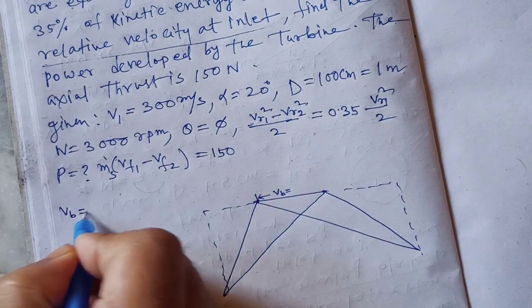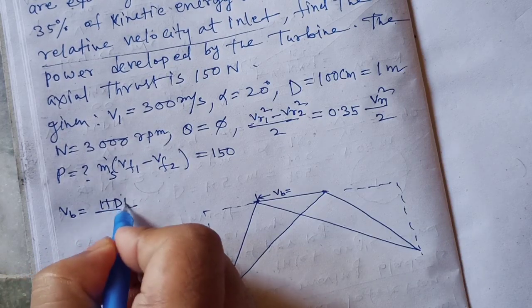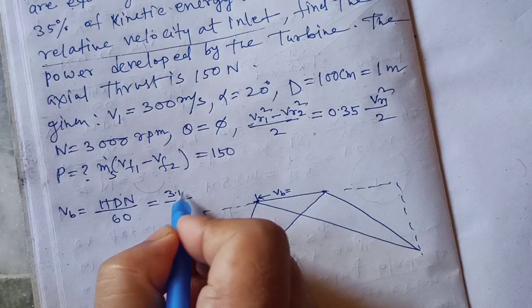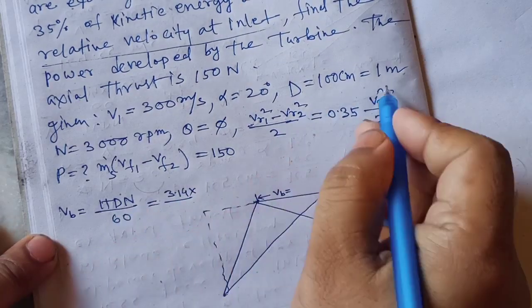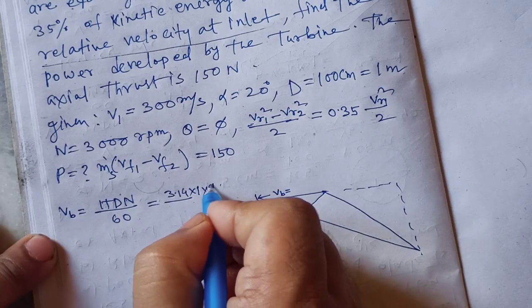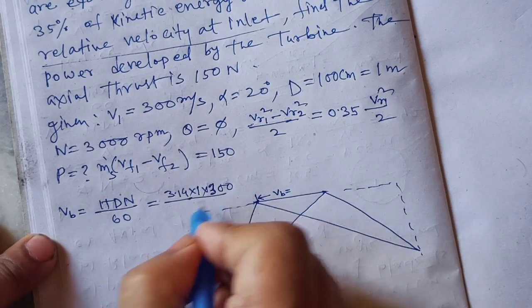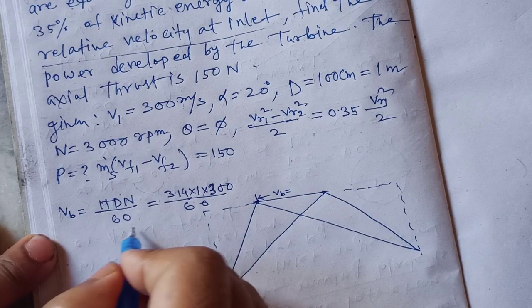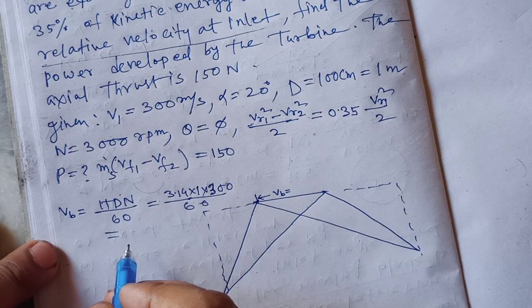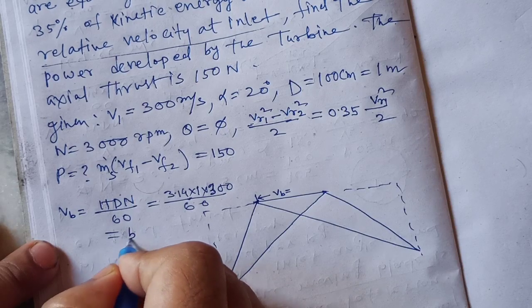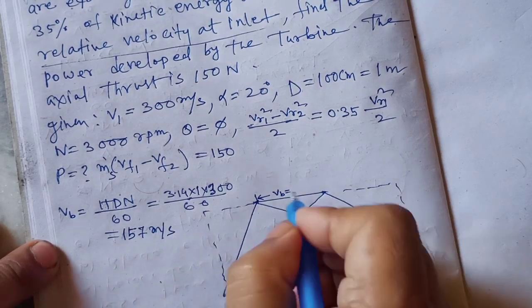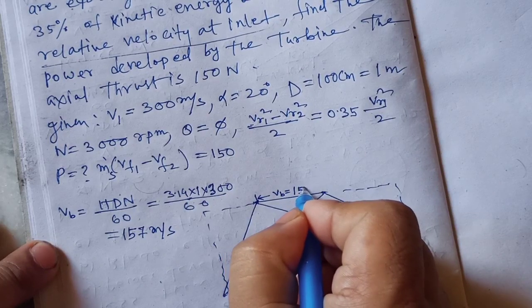VB equals pi D N by 60, that is 3.14 times the diameter, 1 meter, and N is 3000 divided by 60. That value will come 157 meter per second.